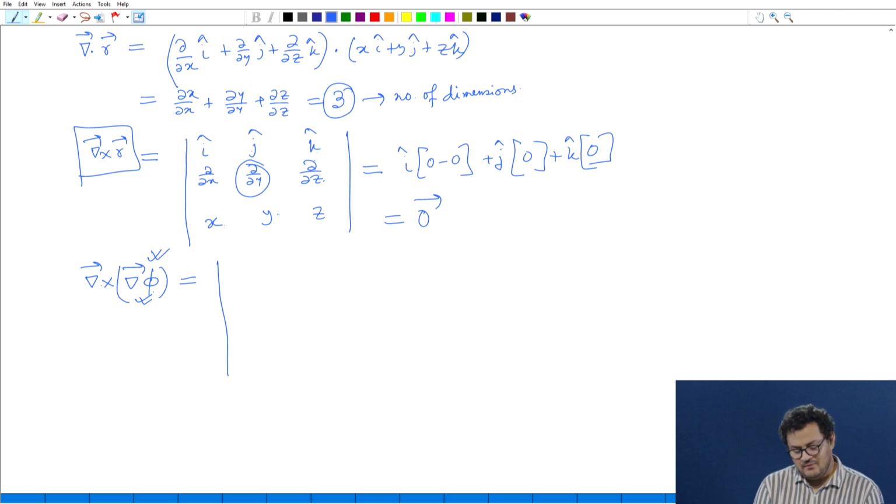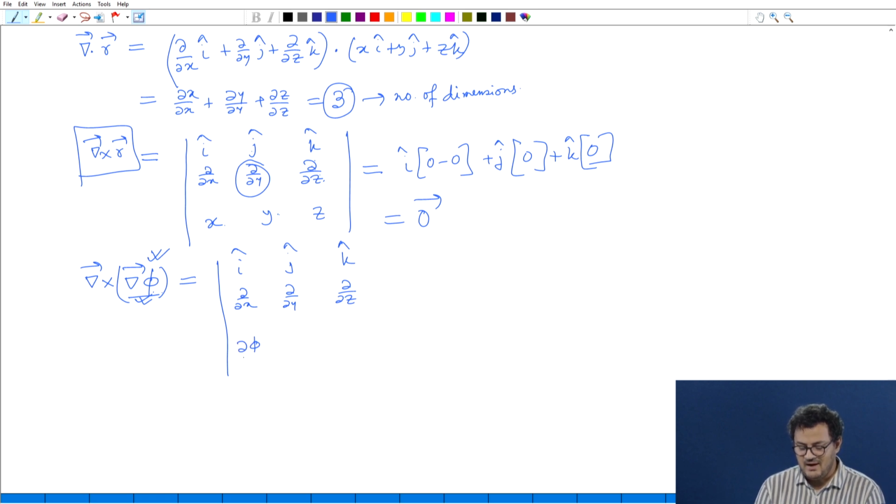If I take the curl of the gradient of a scalar, then we have i j k, del del x, del del y, del del z. What will be the x component of the gradient of phi, or nabla phi?